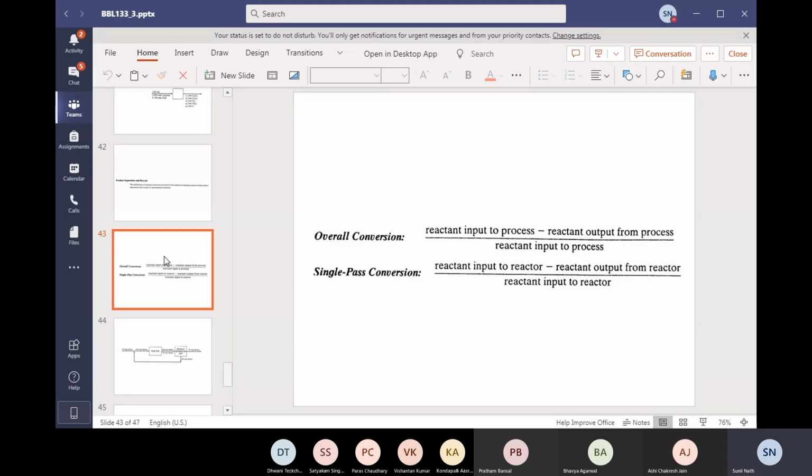You remember in the question I gave you, we had defined the overall conversion in the dehydrogenation question. So I think we jumped the gun. We should first have done the definition and then gone to the question. It's fine. It'll be a bit of a repetition perhaps for some of you.